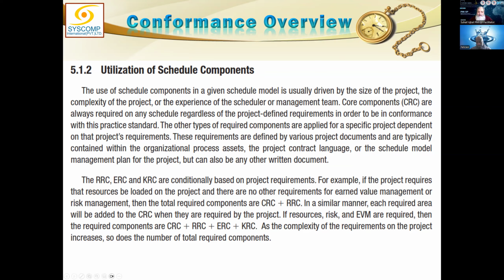So all the items of CRC, which are the required items, plus all the items of RRC must be added. This will then be your pass score. CRC plus RRC will become your pass score. Conversely, if you are practicing all three things, then you have to add them to CRC, and this will be your pass score.